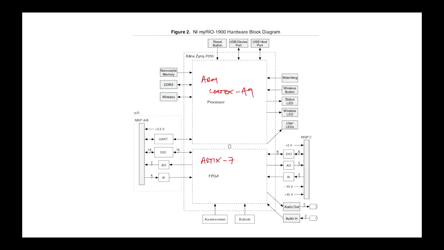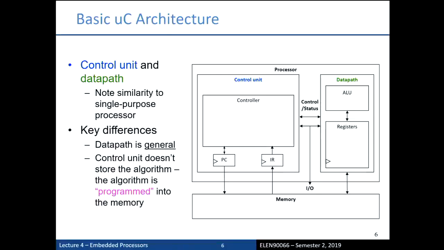So what's the basic architecture of a microcontroller? That Cortex A9 has a separate control and data path: a control unit and a data path unit. This is very common with single-purpose processors.